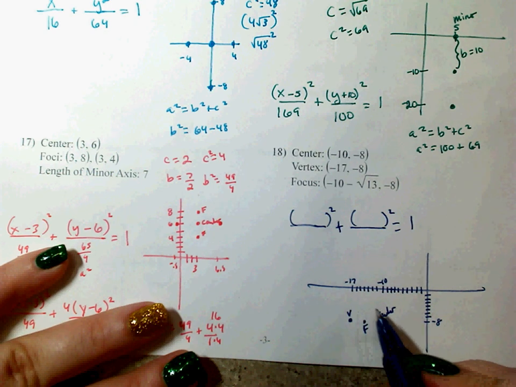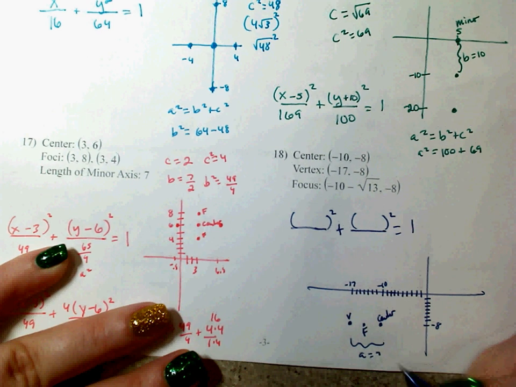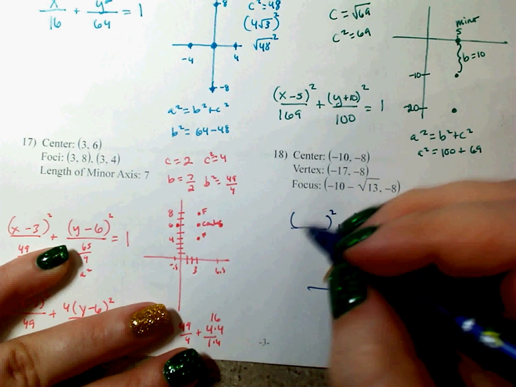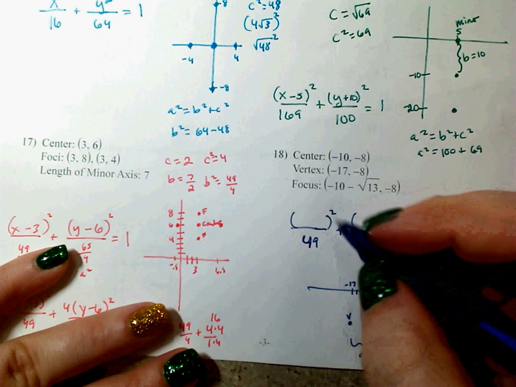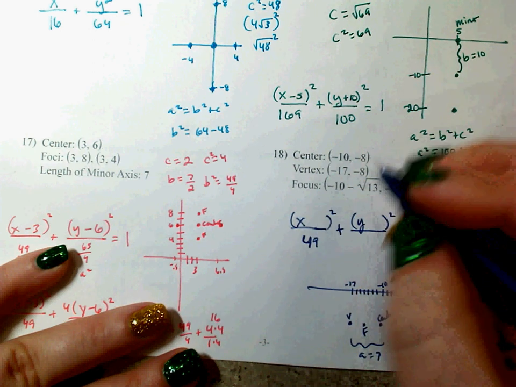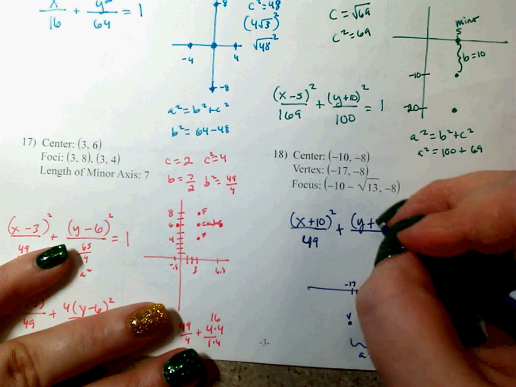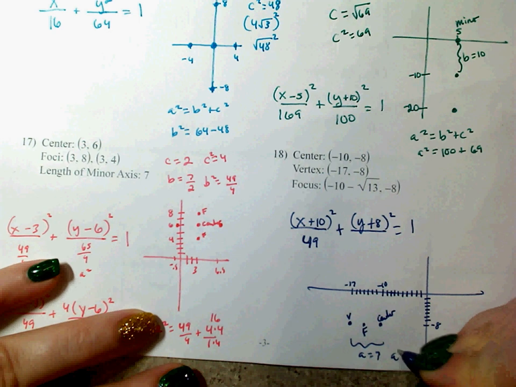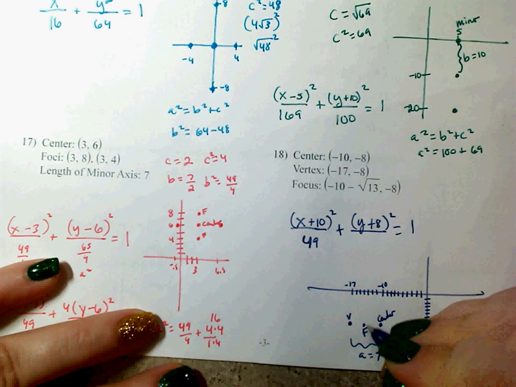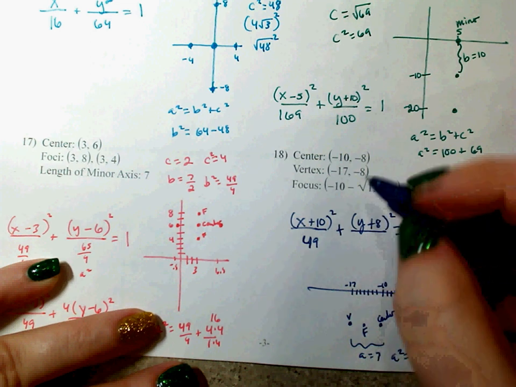I also know that A is the distance between vertex and center, so A is 7. So that means A squared is 49. And that is horizontal, so that goes underneath the first one, x. I know my center is negative 10, negative 8, so x plus 10, y plus 8. And I know that C, the distance between center and focus, is the square root of 13, which means C squared equals 13.